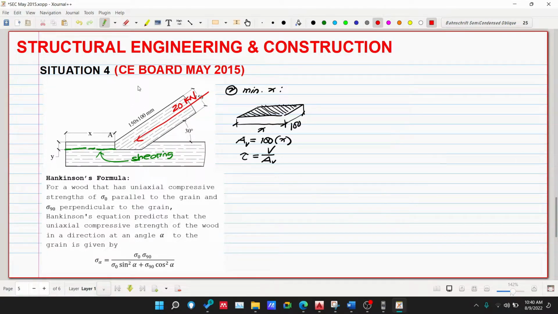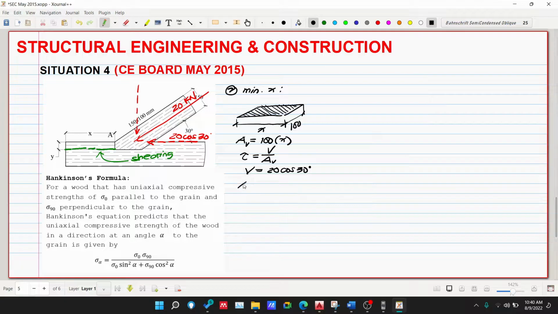So ngayon, kapag kinonvert natin yung ating AC ng kanyang components na vertical and horizontal, makikita natin dito na yung kanyang horizontal force ang magkakos ng shearing or shear stress dito sa area na yan. Okay? So, ibig sabihin, kailangan natin i-convert yung 20 kN into horizontal component. If this is 30 degrees, therefore, this is 20 cosine of 30 degrees. Kaya, yung ating shear force na V is equivalent to 20 cosine of 30 degrees.